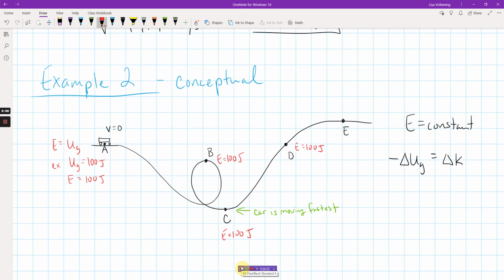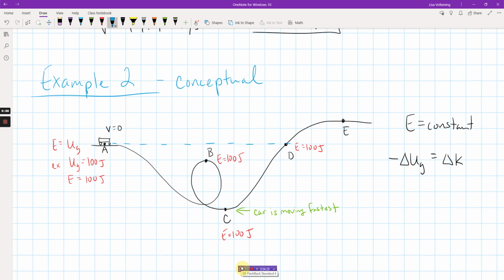If you're at a height lower than this height, which I've got drawn on some nice, lovely graph paper here, then you're fine. But if you're exactly at the height of point A, like you are at point D, that means that your potential energy is 100 joules again.